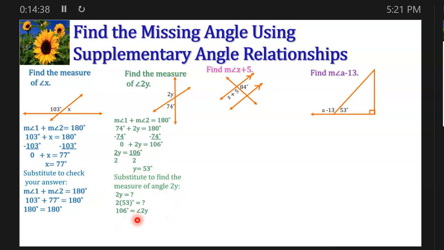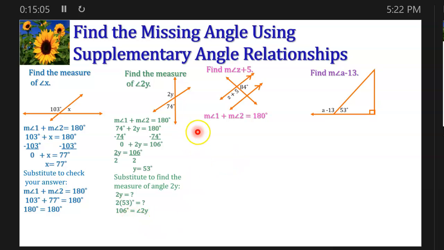So 106 is equal to the angle 2y, which was our second angle here. This is a little bit harder because you had to do that extra step to find out what 2y was. After solving, a lot of my students will stop here. They'll find out what y is, and then they'll stop and not realize that that's not the angle. It's 2 times y, so you had to multiply that 53 times 2.